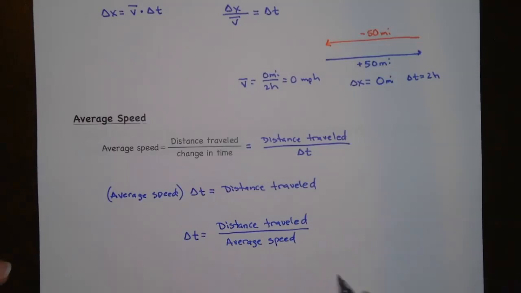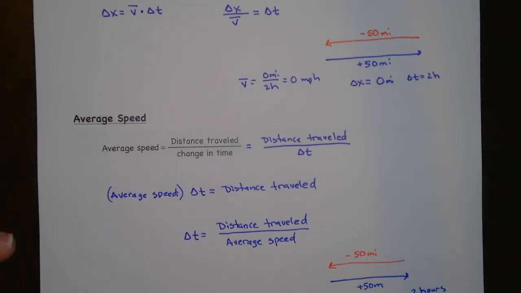Okay. So right here, what would be our average speed if we went 50 miles right, and then we went 50 miles left? So that'd be negative 50 miles. And we did this in 2 hours.